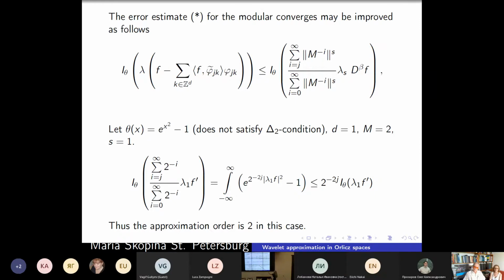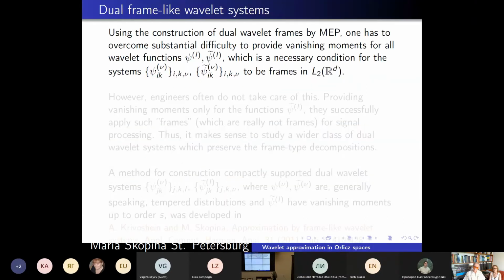For example, this function doesn't satisfy the delta 2 condition, and we can compute and obtain the second order in this case. Okay, next, I have no time to explain in more detail what a frame-like system is.